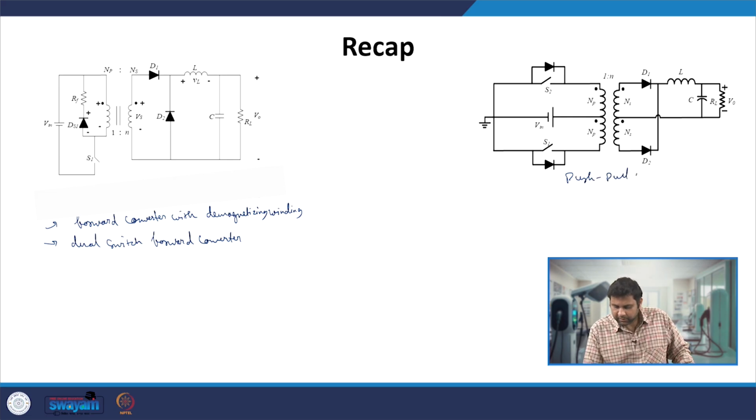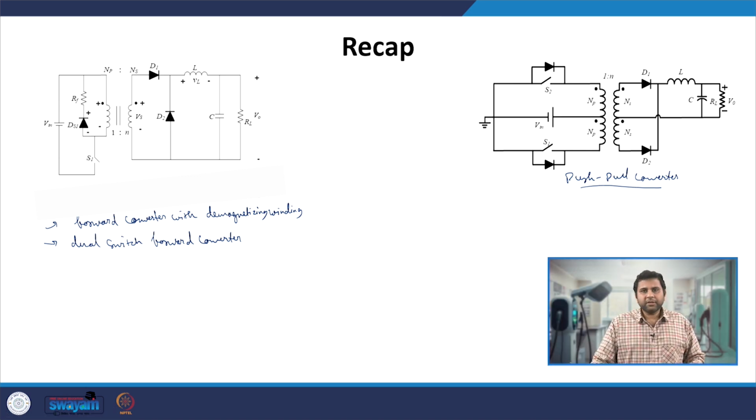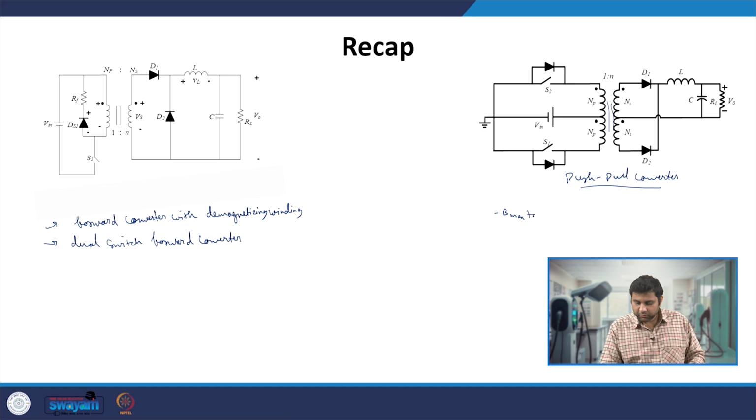In the push pull converter we have seen how we can fully utilize the core by making sure the flux in the core goes from minus phi m to plus phi m value. That means we can go in two quadrants, I mean the flux going in a positive direction or in a negative direction. That's when we can ensure that we can utilize our core fully. That means we can allow the flux density to go from minus B max to plus B max.